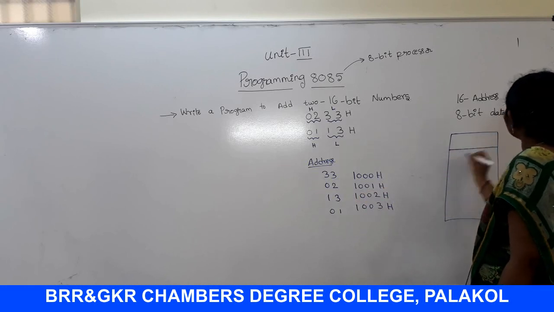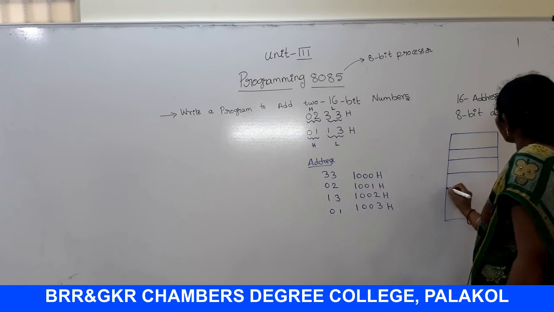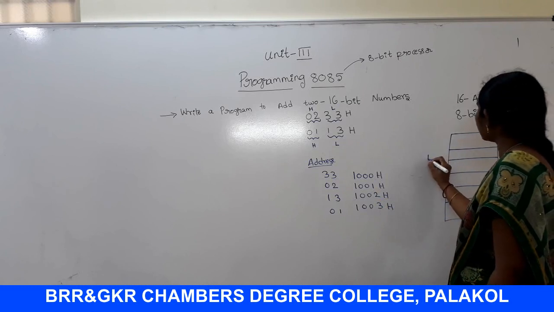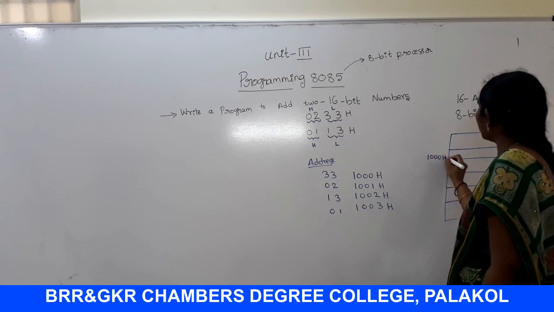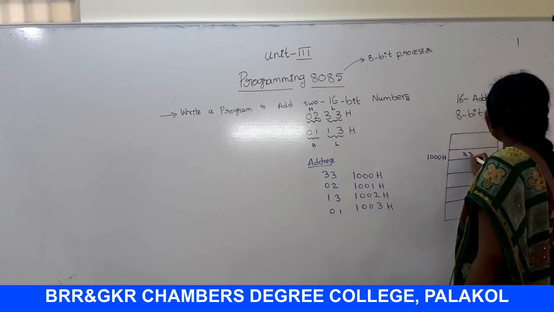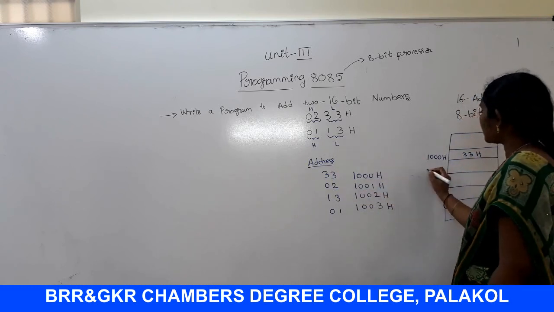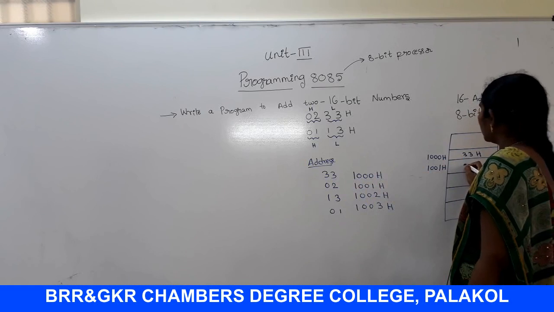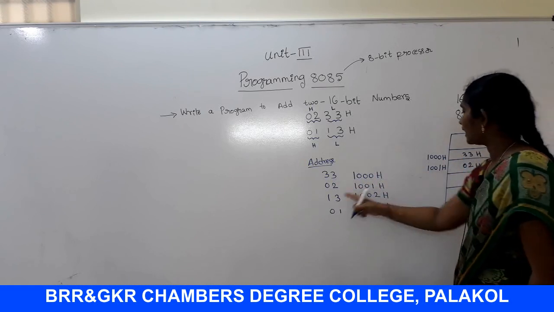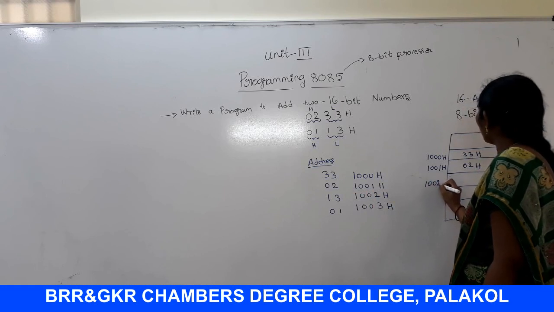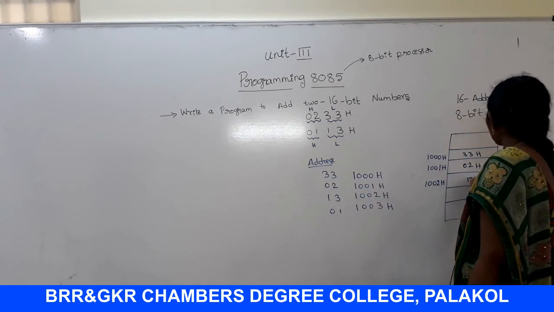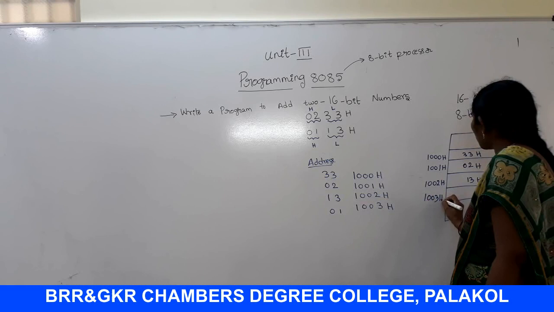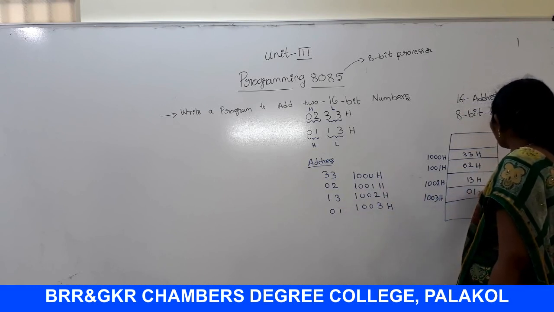The address 1000H has the corresponding data 33H, the next one is 1001H with data 02H, the next is 1002H with data 13H, and the third one is 1003H with data 01H.